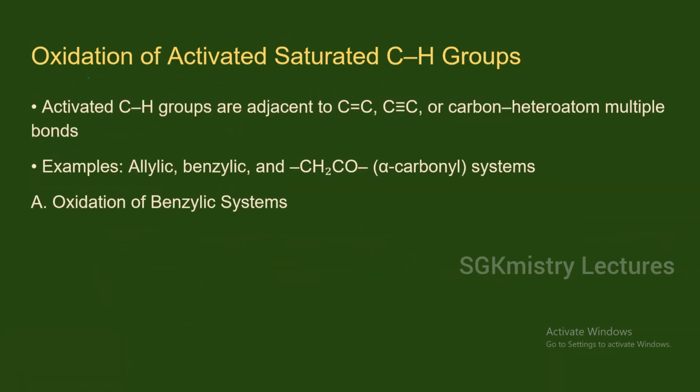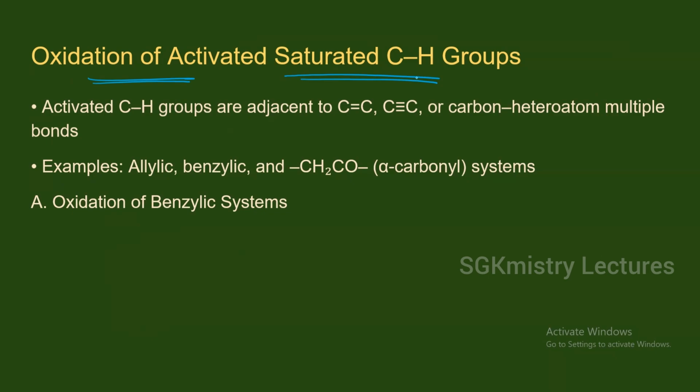Let us talk about oxidation of activated saturated CH groups. Till now we have studied the oxidation of alkenes by epoxidation as well as ozonolysis in detail. Now let us talk about the oxidation of activated saturated CH groups. These are saturated CH groups which are adjacent to carbon-carbon multiple bonds or carbon-heteroatom multiple bonds.